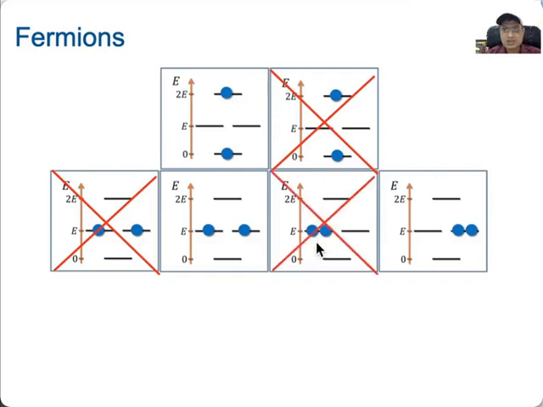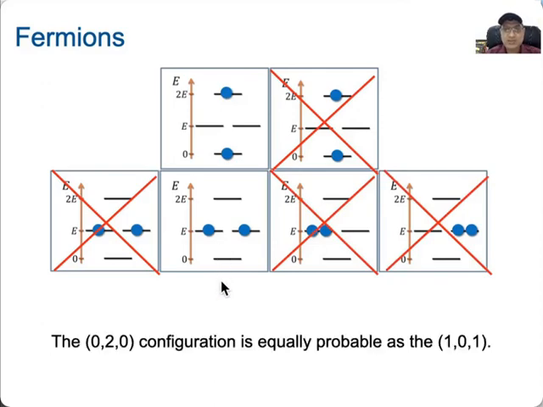So these are crossed out, and in this case we can see that the 0 2 0 configuration is as probable, or equally probable, as the 1 0 1 configuration. So we have seen that as you change the nature of the particle, the probability of different configurations changes. This is the first important lesson that we have learned.